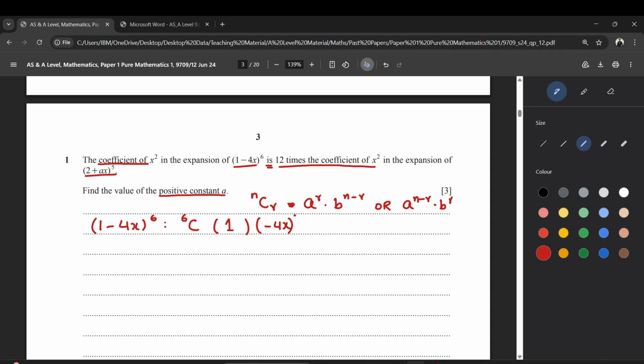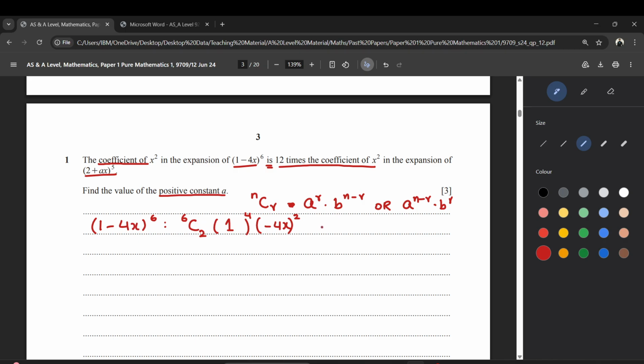I should write 2 over here, because when I expand this bracket, I'm going to get x squared. As for this one, the power is going to be 6 minus 2, which will be 4. Over here, I'm going to write the power 2. If you write the power of 4, you'll get the same thing, because 6C2 is equal to 6C4.